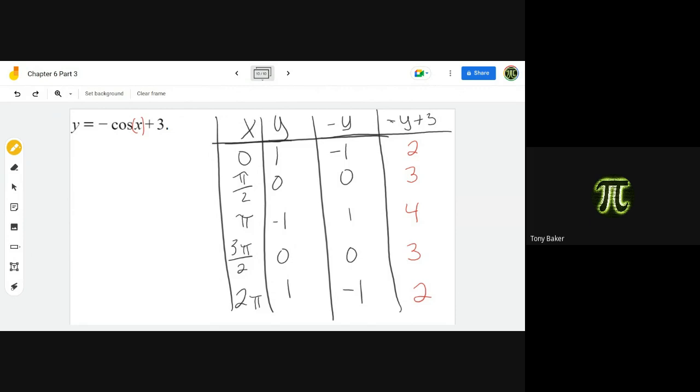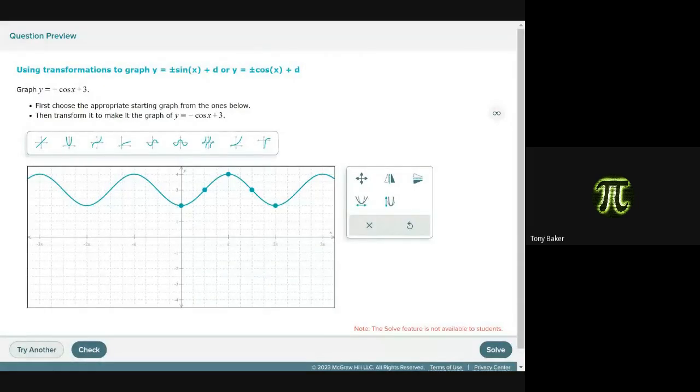Remember though, when you're looking at it in terms of Alex, you need to make sure your points are exact, and it's really hard to get pi over 2's and those things in there. So that's where using the plot tool to type in the points is important. There are topics in Alex that deal just with transformation. So actually, this one is literally a transformation topic. You're shifting.